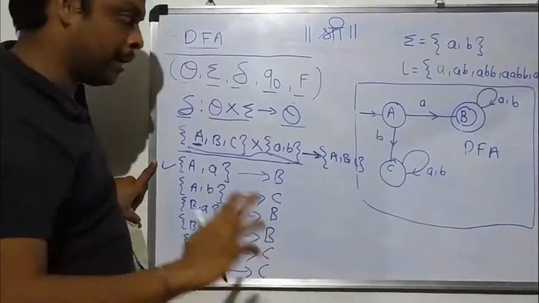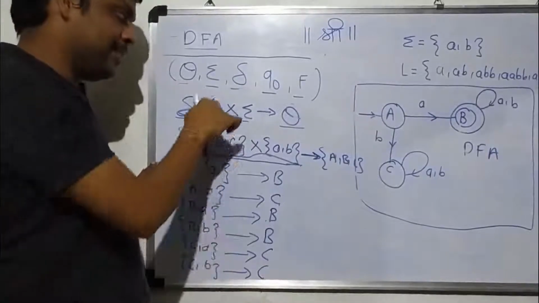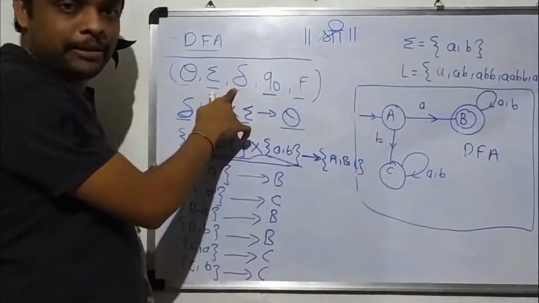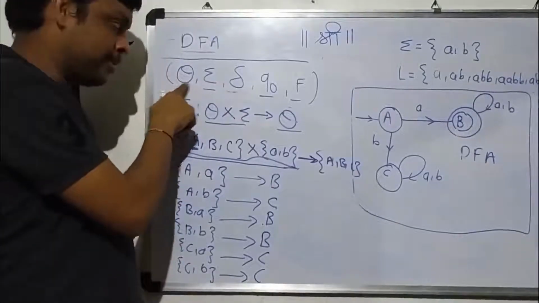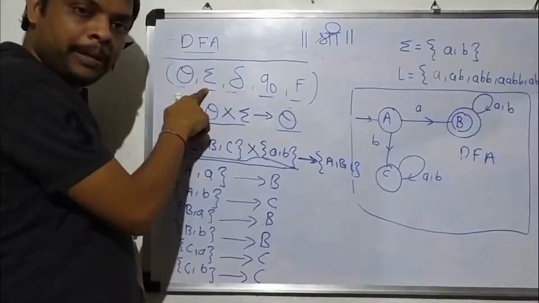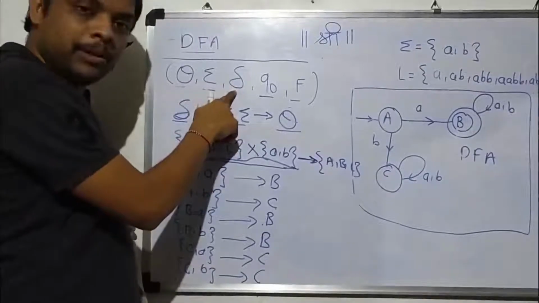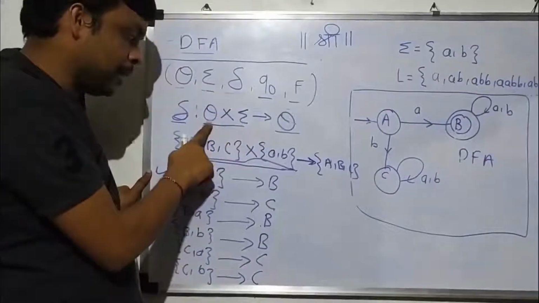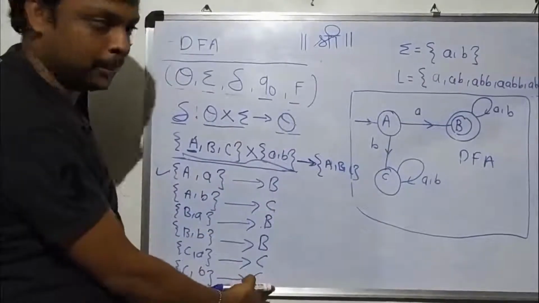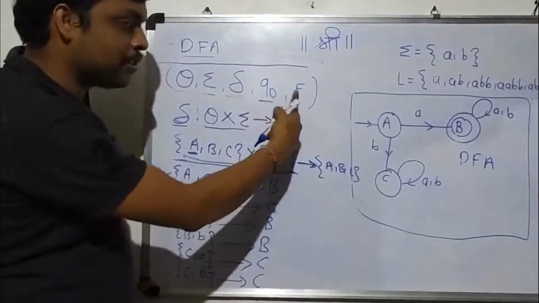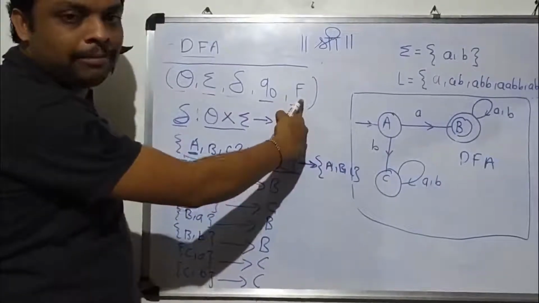I hope now you are getting what delta is. I repeat: Q is the set of states, sigma is the input alphabet, then the transition function delta, whose definition is given as Q cross sigma to Q, and this is the explanation of that. Then q0 is the initial state and F is the set of final states.